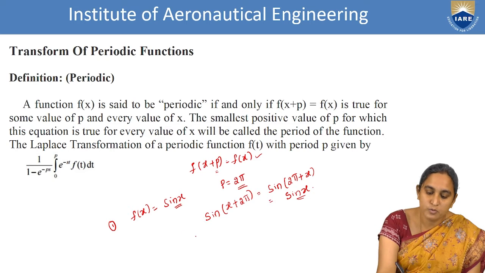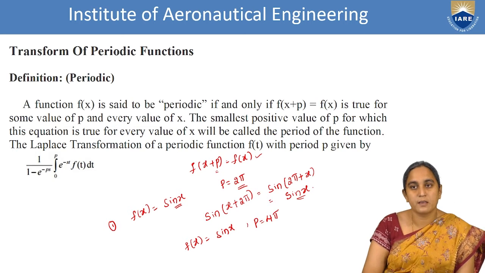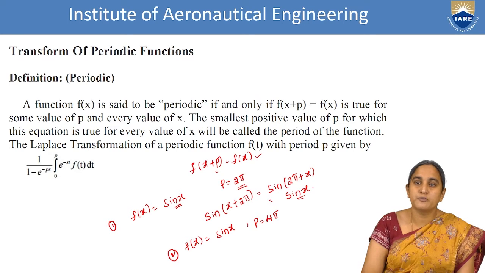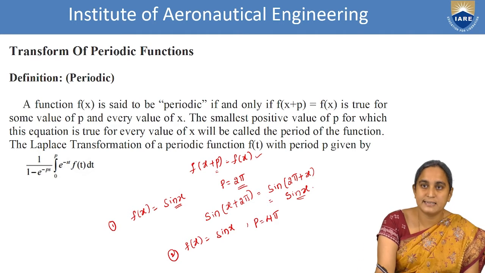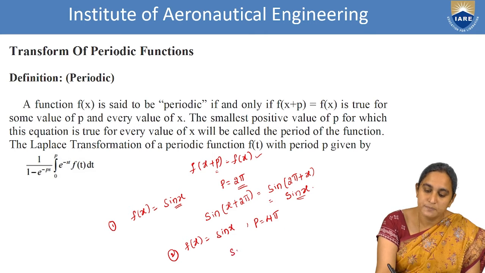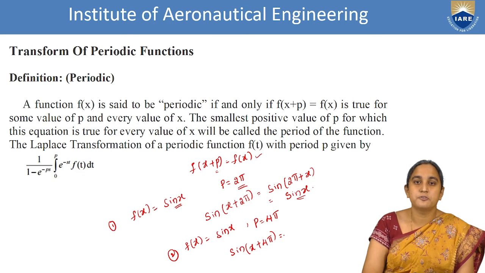I'll repeat one more. For example, the same function sin x, and I'm taking p is equal to 4 pi, a different value of the period. Now I'll test whether it is a periodic function or not. Sin of x plus 4 pi, what is p here? 4 pi.